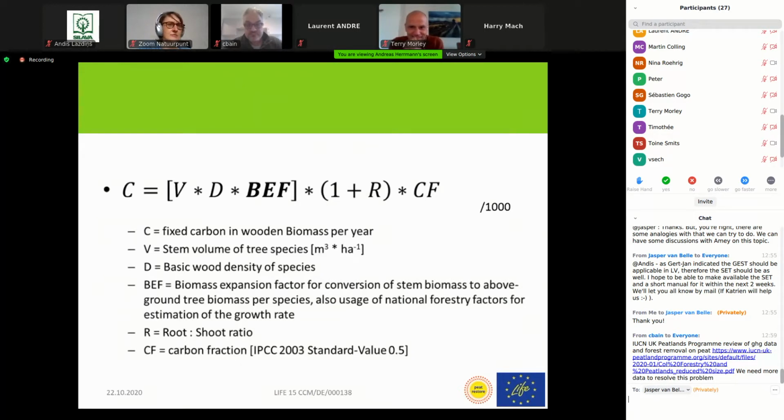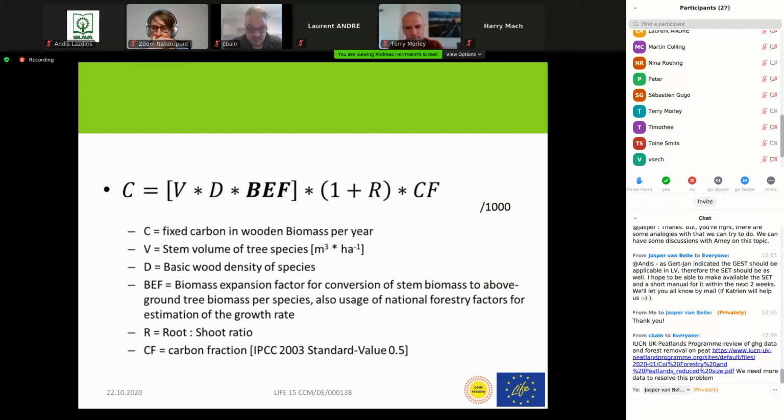There are a lot of different approaches or equations to get the fixed carbon in wooden biomass per year. Here it includes the volume, the basic wood density of species, and the BEF, the biomass expansion factors for conversion of stem biomass to above ground tree biomass. And we have the root to shoot ratio and the carbon fraction. It's a very simple approach.